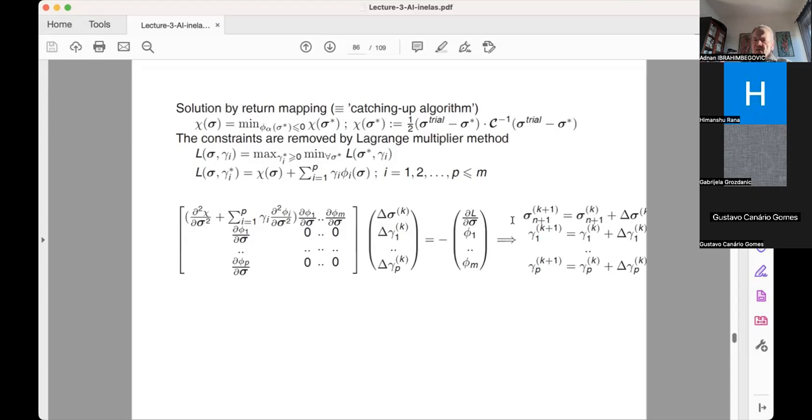So if you started with all 3 of them being active, the end result will be as follows. You have, for example, the case number 2 that I mentioned, where gamma 1 and gamma 2 n plus 1 will be positive, and gamma 3 n plus 1 will be negative. And you cannot have a plastic multiplier being negative because that doesn't make any sense. It's really not in this type of hypothesis.